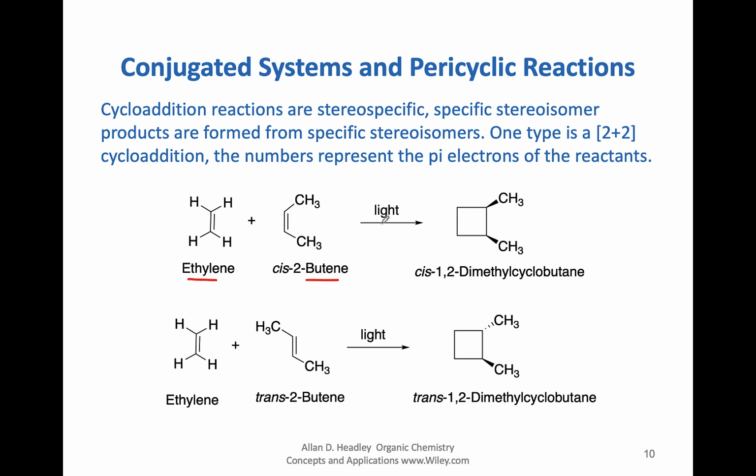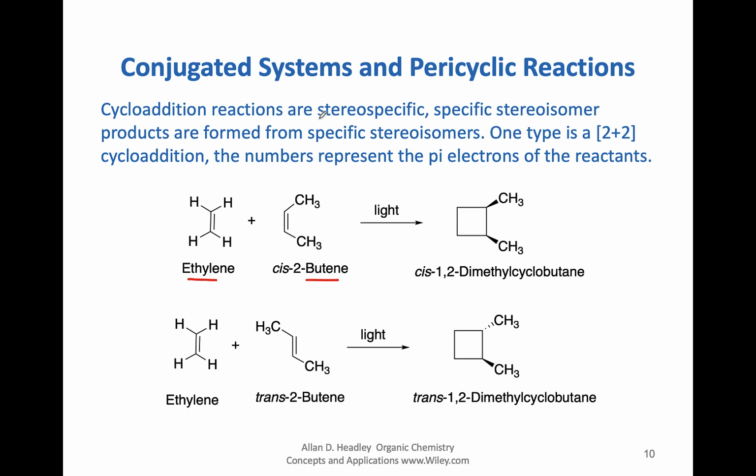Okay, this is key because we'll emphasize that in a second. In the presence of light, we have a product here, and this is cis-1,2-dimethylcyclobutane. So it's a cycloaddition where these two molecules add together to make a cyclic structure in the presence of light.